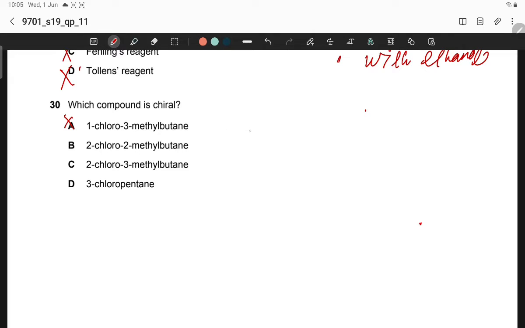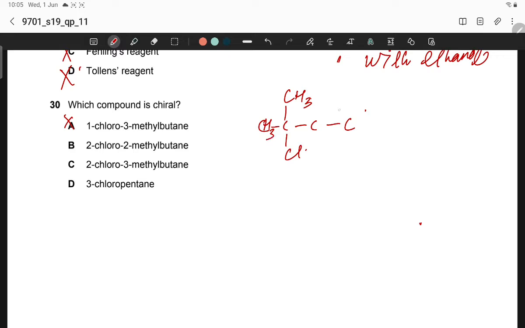Now come to the B, 2-chloro butane, 2-chloro 2-methyl.